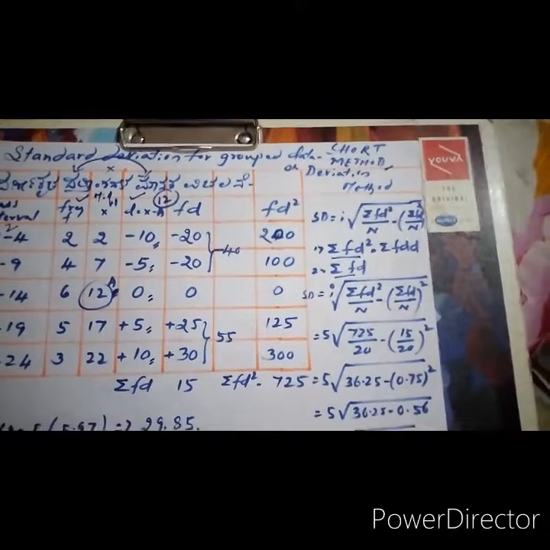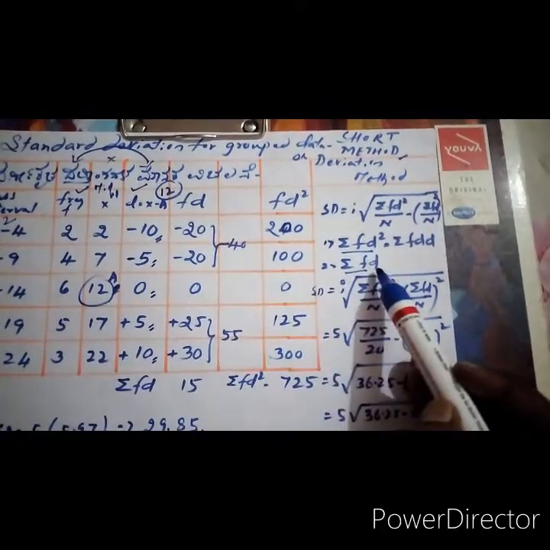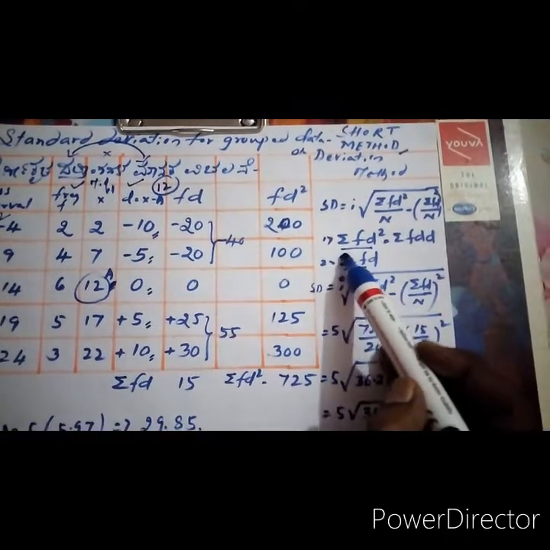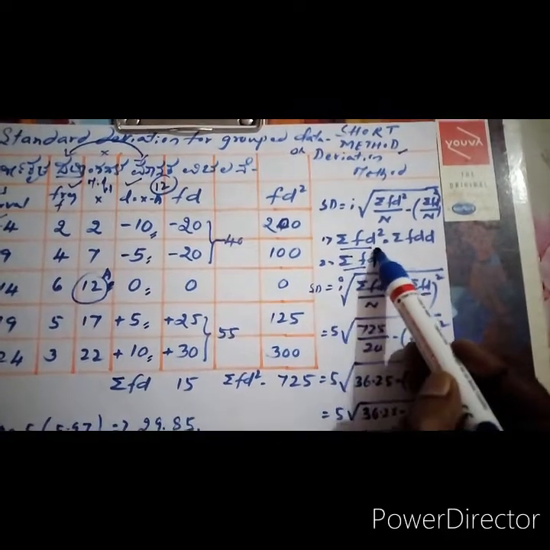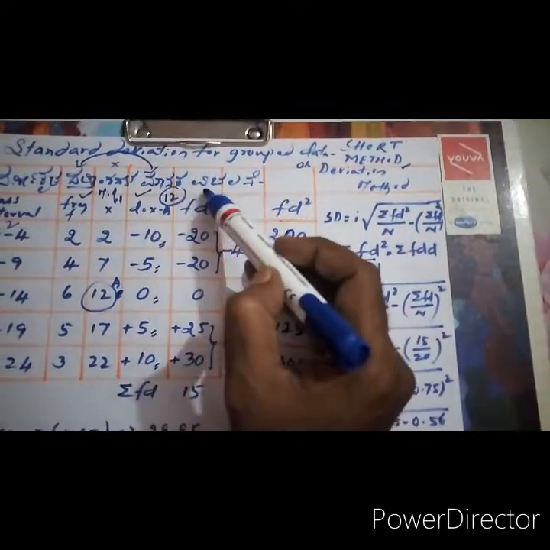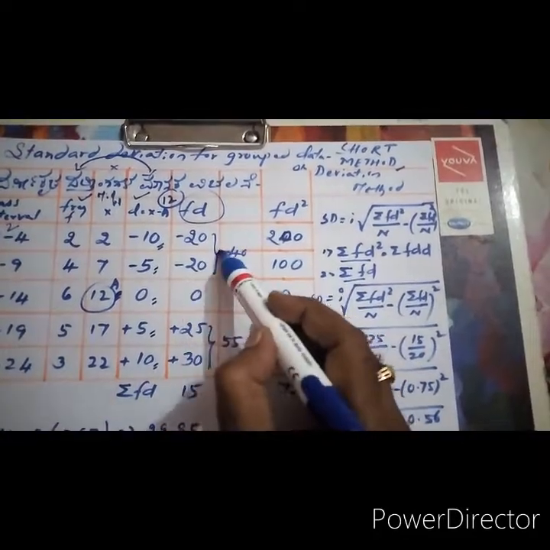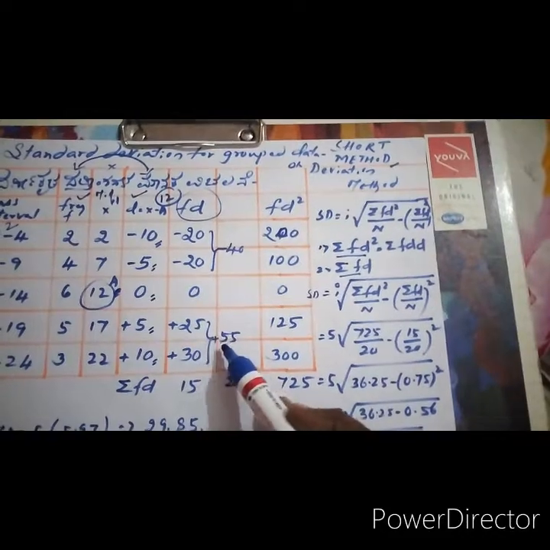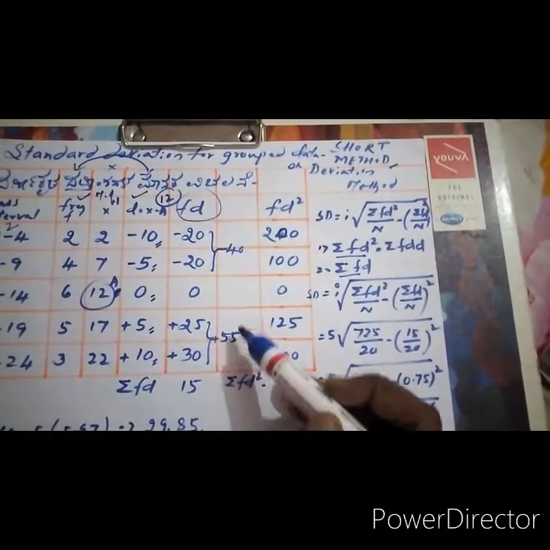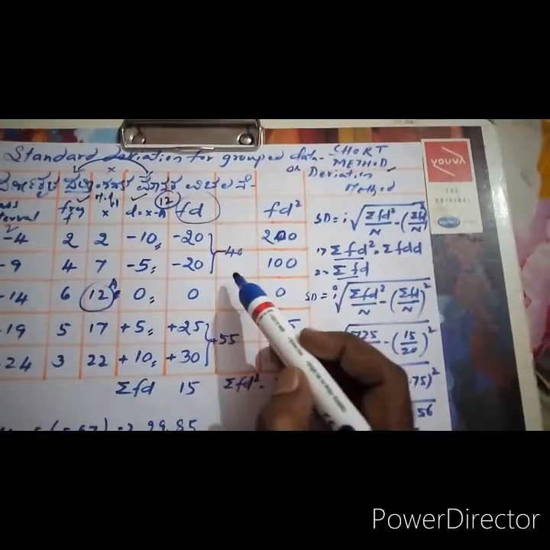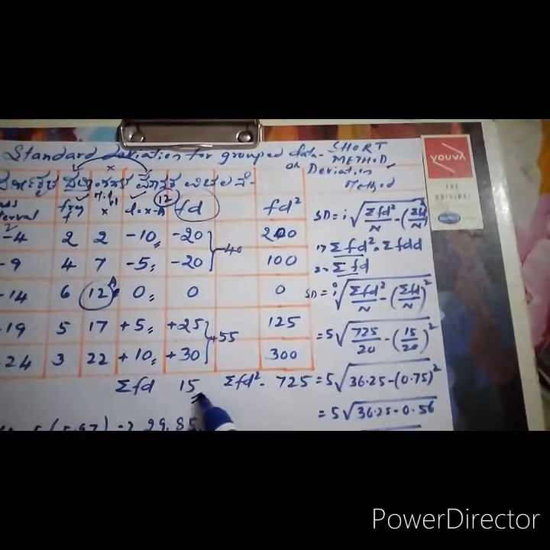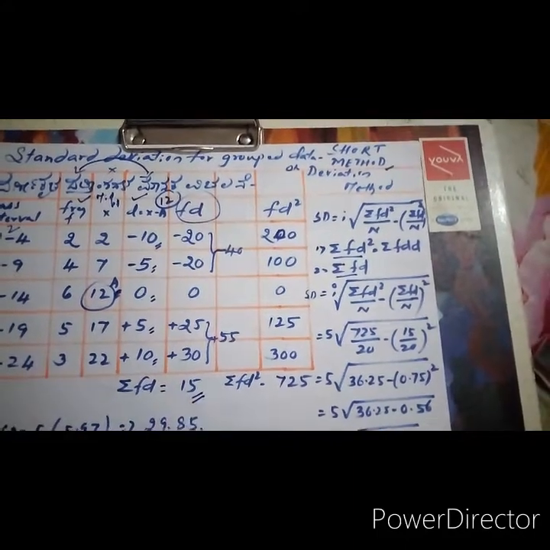Now you find summation fd first. Add this column: here is minus 40, here is plus 55. Plus 55 minus 40 is 15, so summation fd is equal to 15.